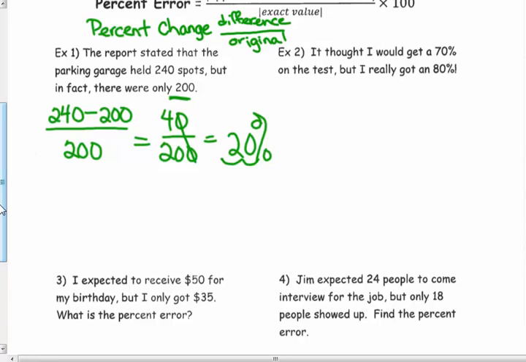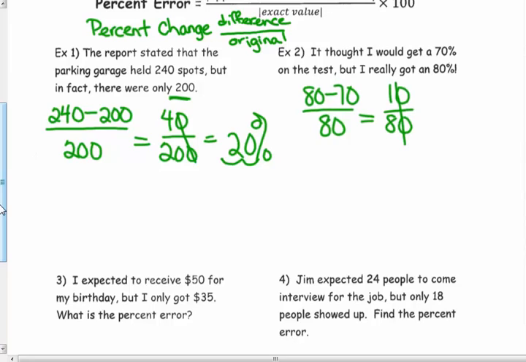20% is the answer. Number 2, I thought I would get a 70% on the test, but I really got an 80%. Oops, yay, I was wrong. So my error is 80 minus 70, the difference, over what did I really get? Exactly 80. So it's 10 over 80.